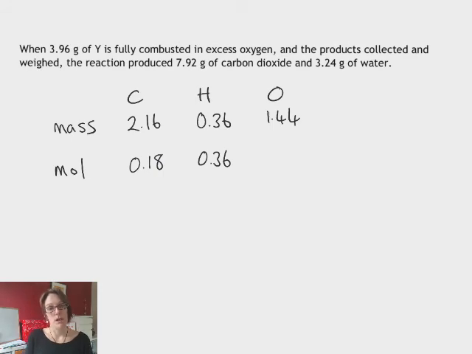Moles of oxygen we can now work out: 1.44, divide that by the atomic mass of oxygen, which is 16, and that will give me an answer for oxygen, which is going to be 0.09.